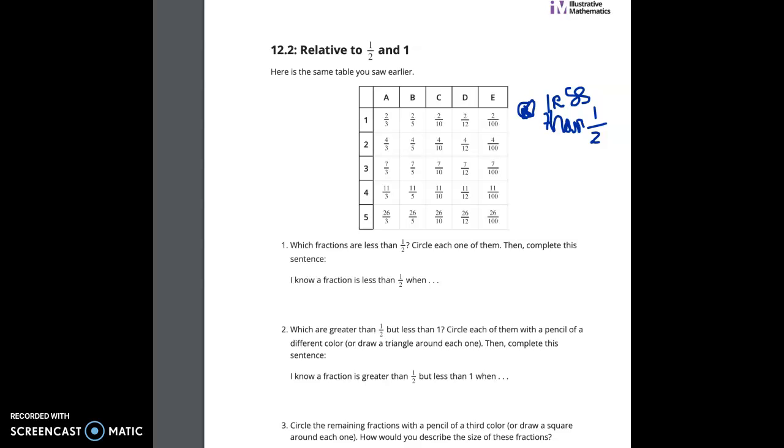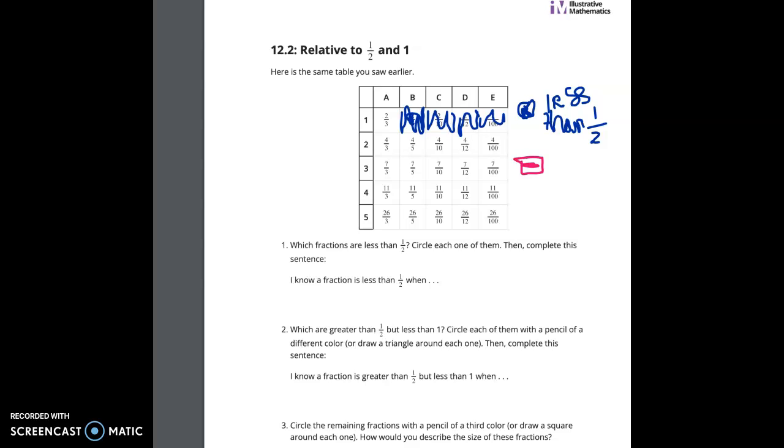And then you would color in anything that's less than a half. So for example, 2/5, we would color that in purple. 2/10, we would color that in purple. 2/12, we would color in purple, and so on. Then you could say equal to 1/2. I don't think we had anything equal to 1/2 from what I can see. So we could do a different color.